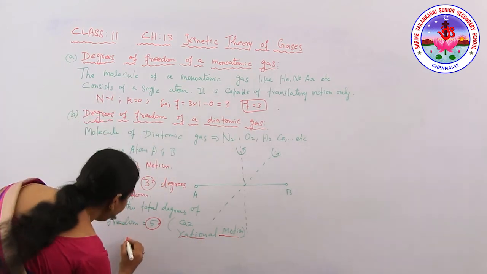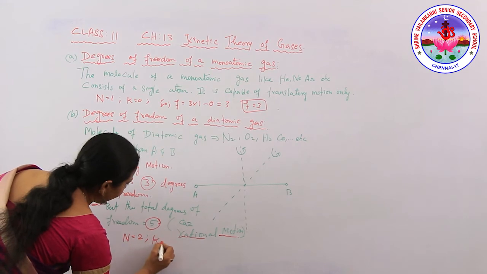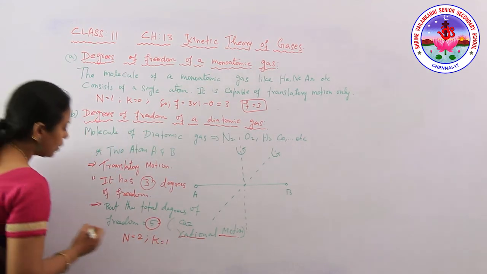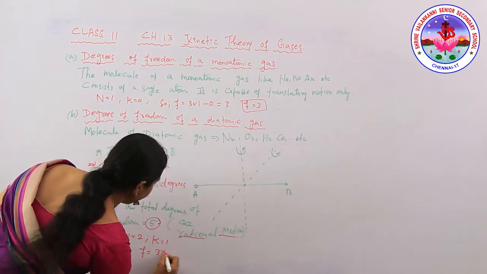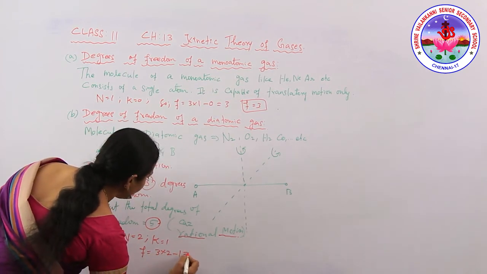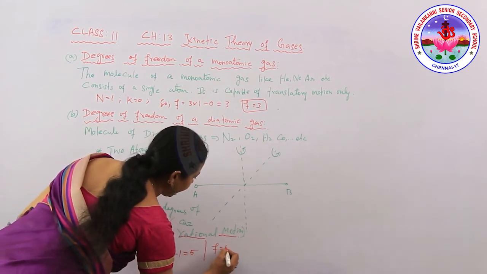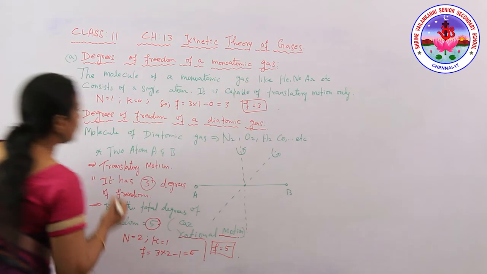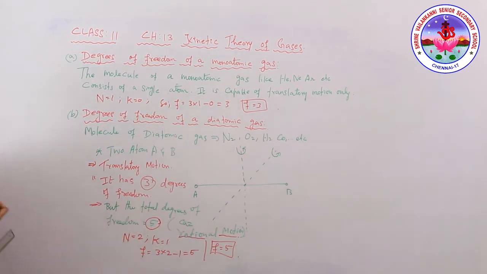So we can write n equal to 2, and k equal to 1. So f equals 3 into 2 minus 1, so 6 minus 1 is 5. So for the diatomic gas, the degrees of freedom is 5, right?